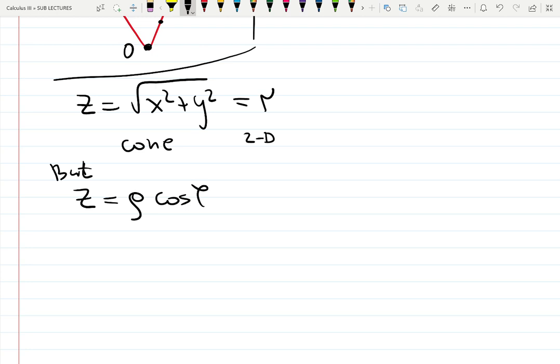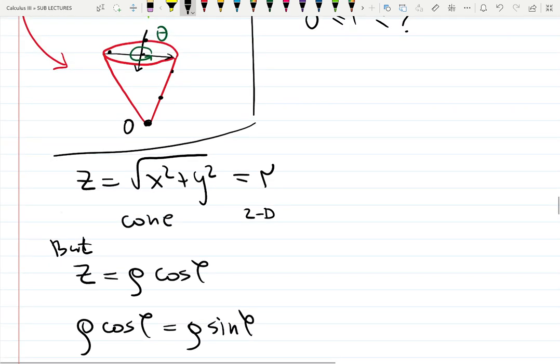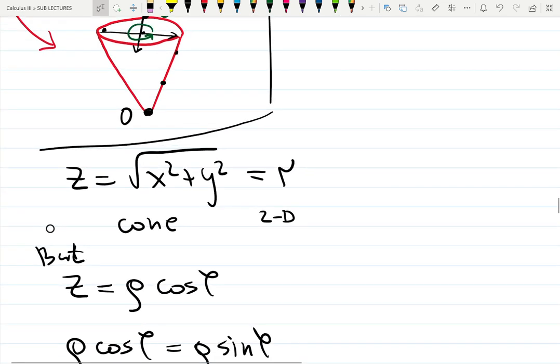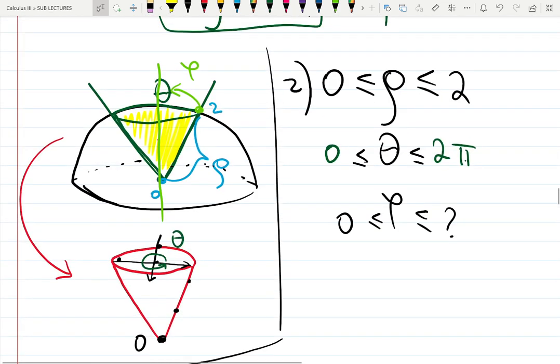And we can now see, there are several ways to explain it. So we will have rho cosine phi equals rho sine phi at the same time. This is happening from this explanation. This point here, the height Z, matches with this radius r in 2D.